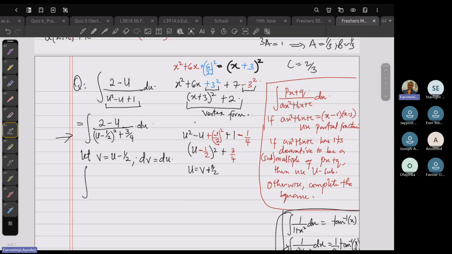Like I said, if you don't understand anything I'm saying, you stop me at any time. So this is 2 minus v plus 1 over 2, over v squared plus 3 over 4, dv.